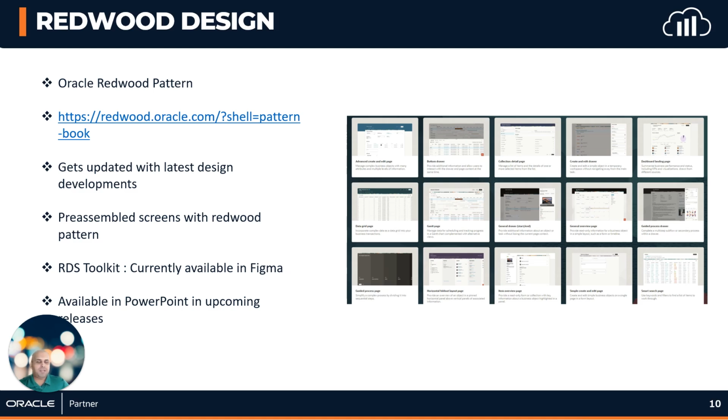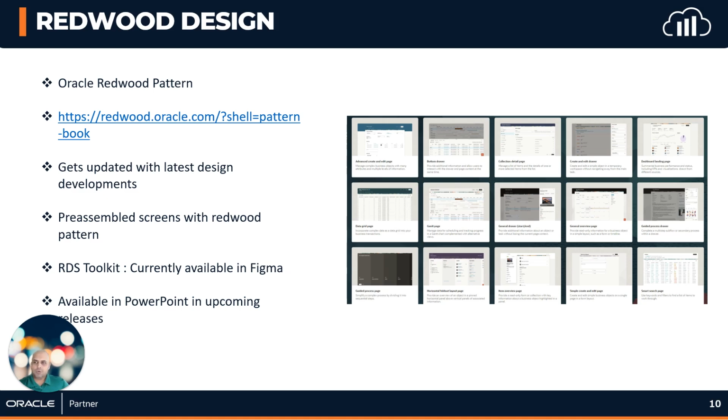Also, it keeps updating every week or every quarter whenever Oracle releases any new template. These are pre-assembled screens with Redwood pattern, and it also has the Redwood Design System Toolkit. It's available in Figma.